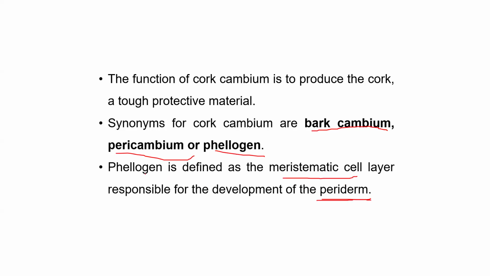Phellogen, bark cambium, cork cambium and pericambium are similar terms. It is the meristematic cell layer from which the periderm, the outer layer, is formed.